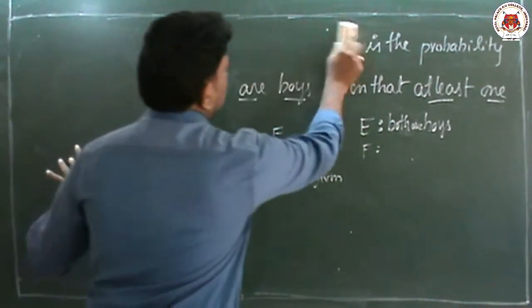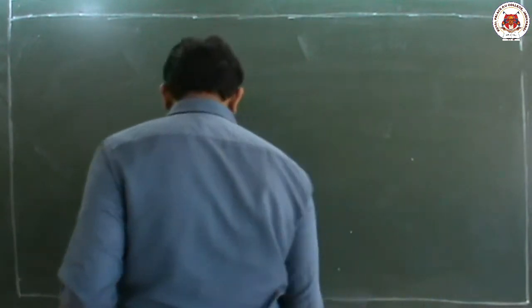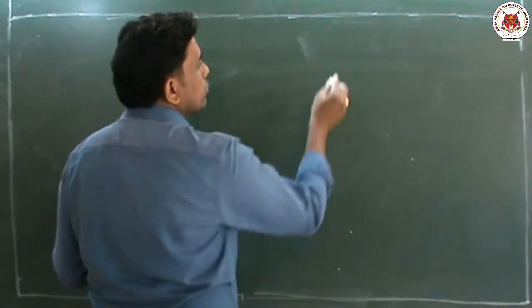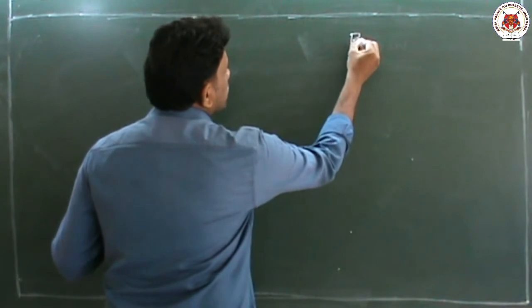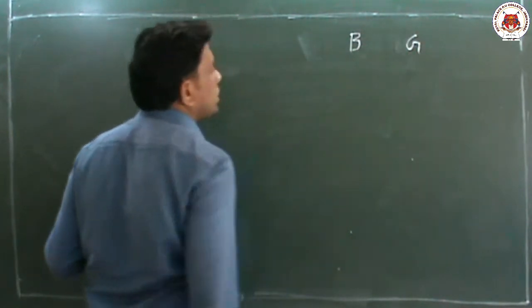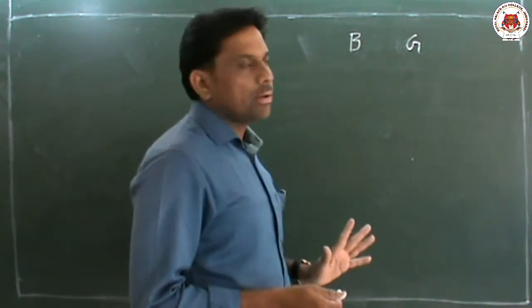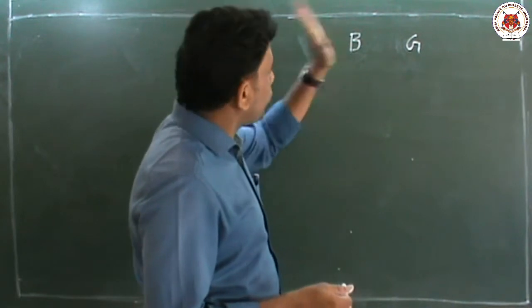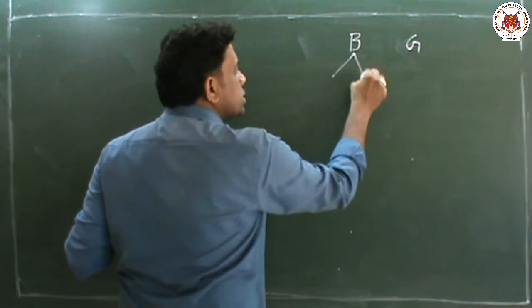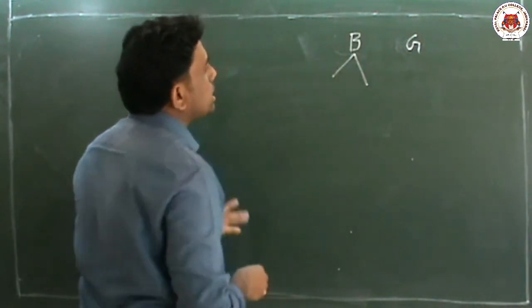First of all, I am going to draw a small diagram. Two children are there. No one can say who is first. The first child is either a boy or a girl. Assume the first is a boy.